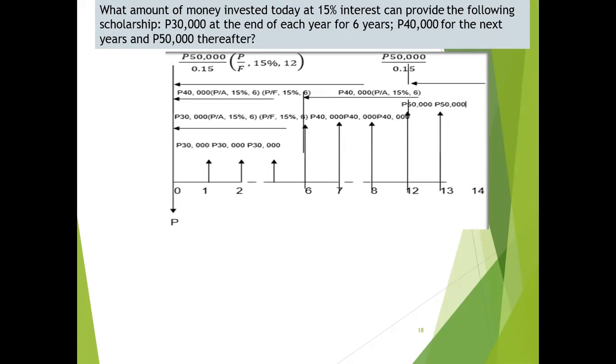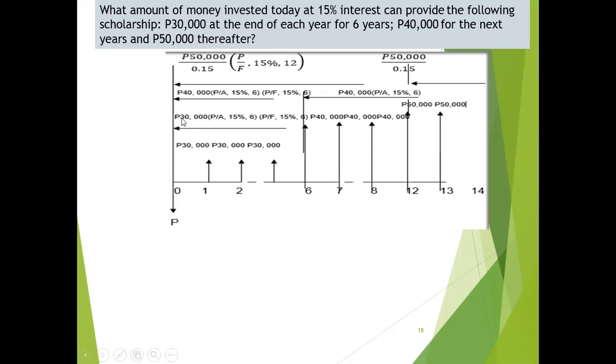For our cash flow, you want your scholar to receive 30,000 each year for 6 years, and then another 40,000 for the next 6 years, every year. And then after 12 years, you want to receive 50,000 thereafter.